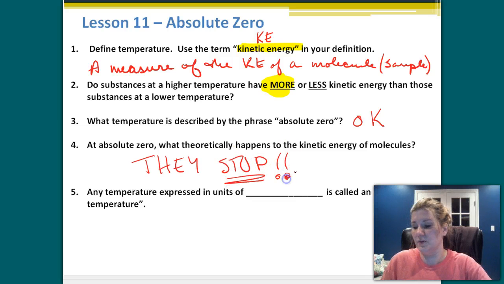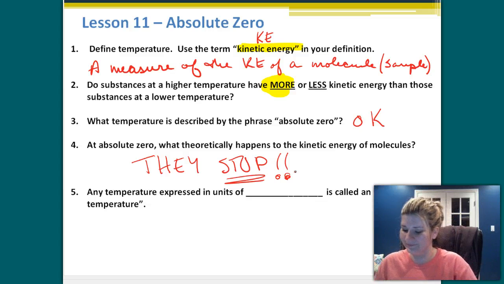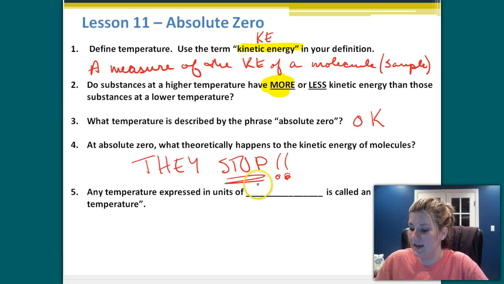Again, theoretically, because we can't experiment this too easily unless it's in a very, very cold chamber. Because if the molecules in our body stopped, and if the gas molecules we breathe stopped moving, we would not move anymore. Number 5, any temperature expressed in units of Kelvin is called an absolute temperature.